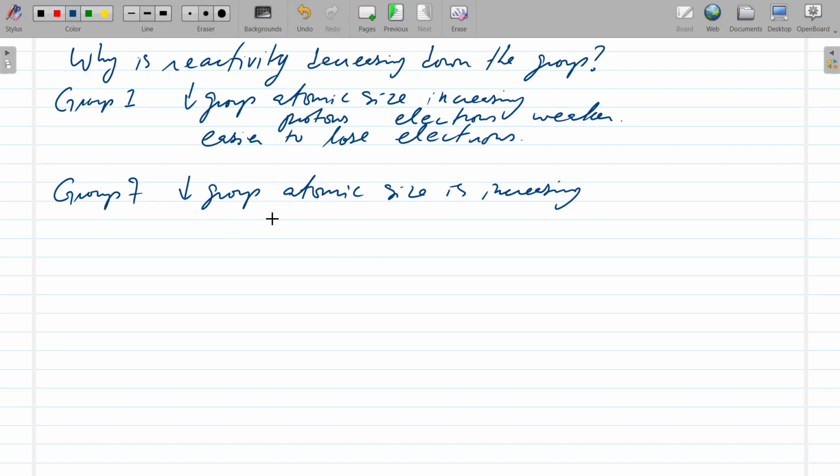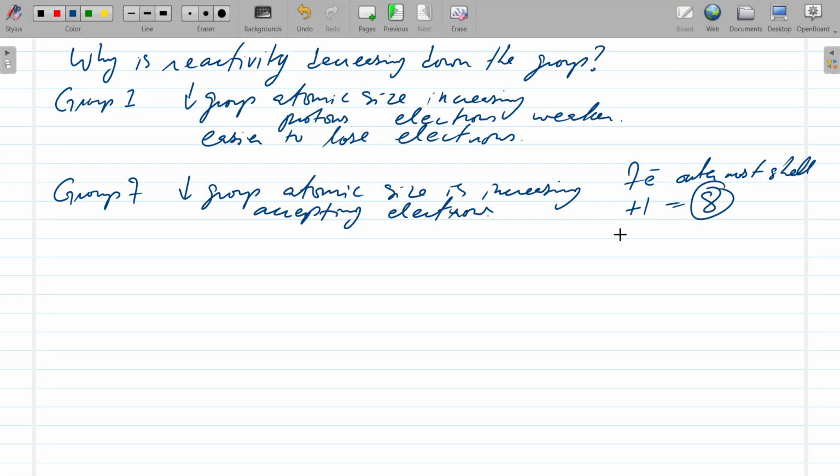And because of that, for group 7, they're the ones accepting electrons. Group 1 was the one losing electrons. These are the ones accepting electrons. They have 7 electrons in the valence shell, the outermost shell, and they need one more to have a stable shell of 8 outermost electrons.